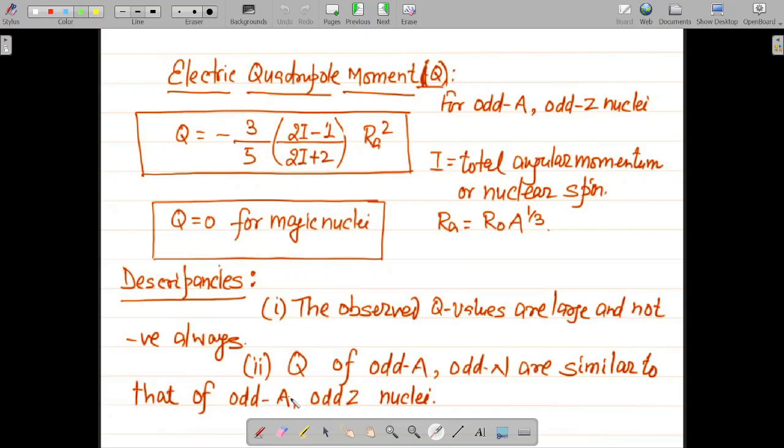Although while deriving this particular expression, we have assumed that atomic mass number A is odd and atomic number Z is odd.